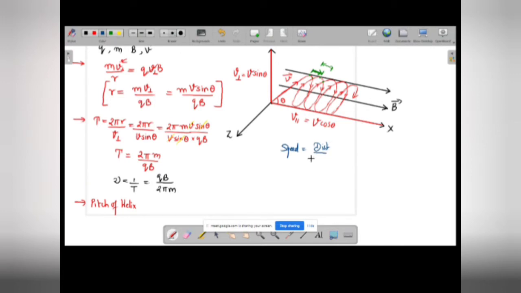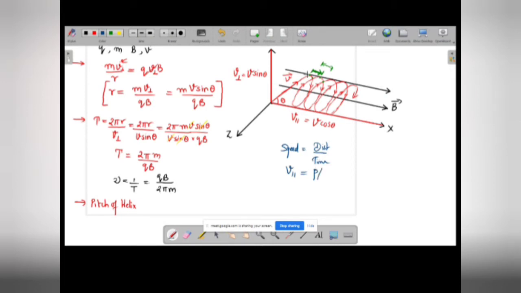The speed with which the charged particle is going forward in the direction of x, that is the direction of the magnetic field, is v parallel. So let's put v parallel over here, which will be equal to the distance, which is nothing but the pitch, divided by the time it takes.